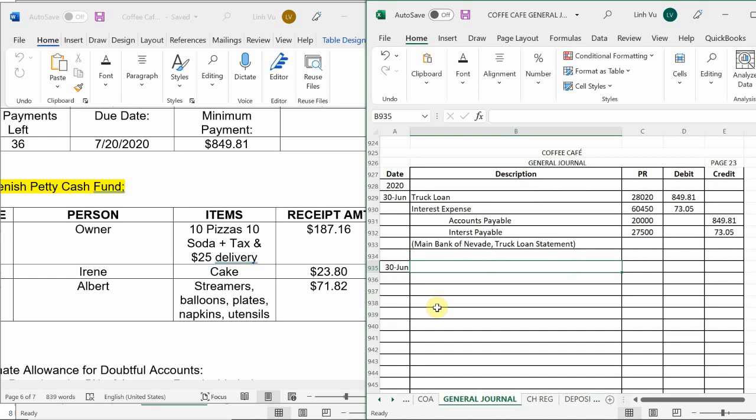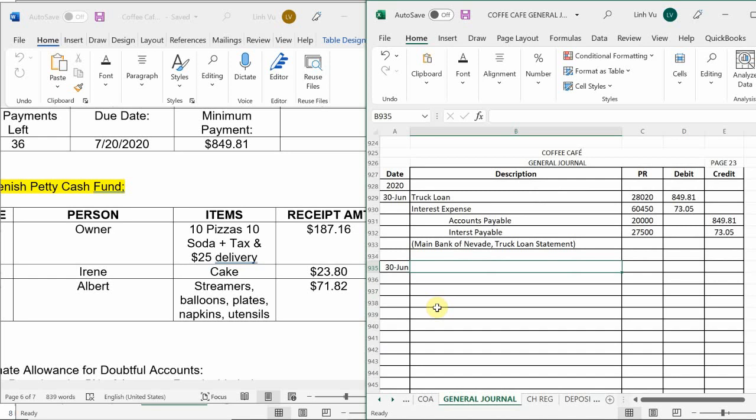So how should we replenish the petty cash drawer? Okay. This is chapter 10.1.